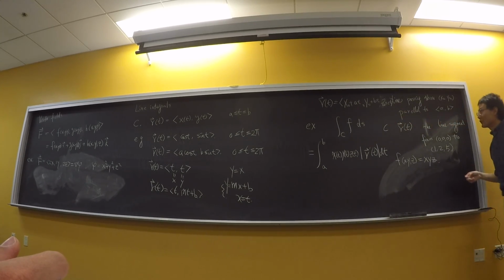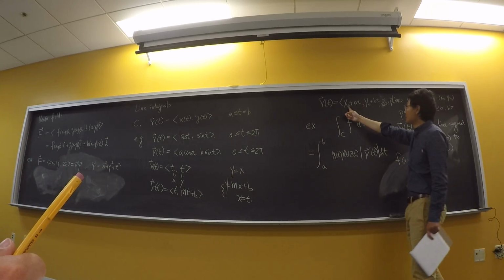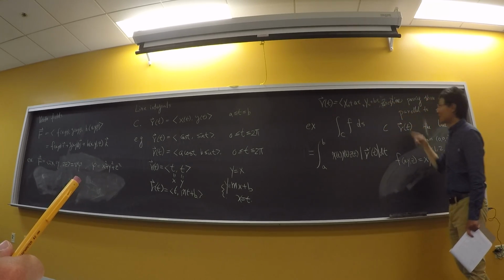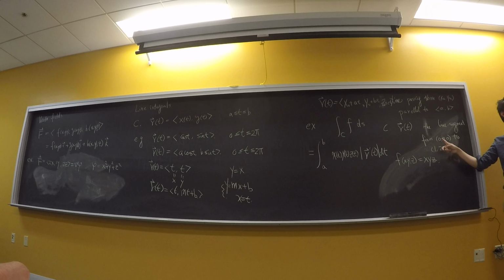So I can easily choose one of the points here. 0, 0, 0 is the initial point. So I want to have x0 be 0, y0 be 0, z0 be 0. All right? Then I need to find a, b, c as the vector this line is parallel to. And this line is parallel to the vector between these 2 points. Am I right?